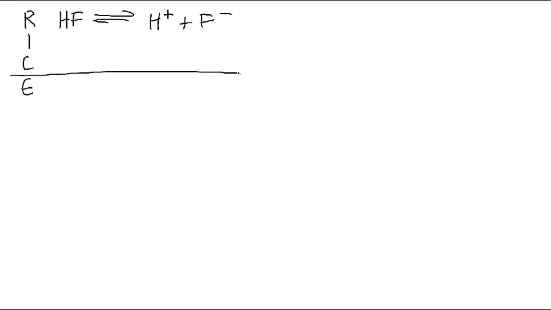Now, what's the thing that I don't know? I don't know the initial concentration of HF. So this is actually going to be X, and this is going to be 0 and 0.